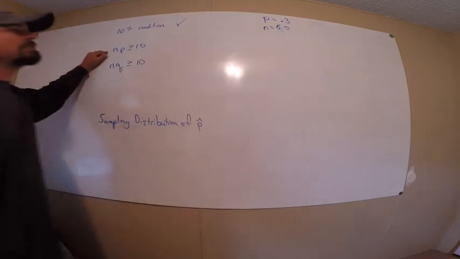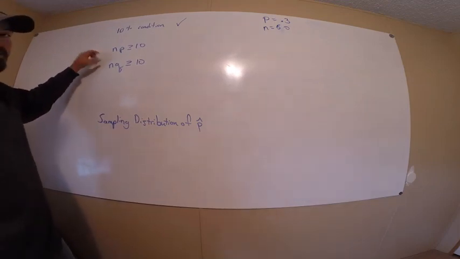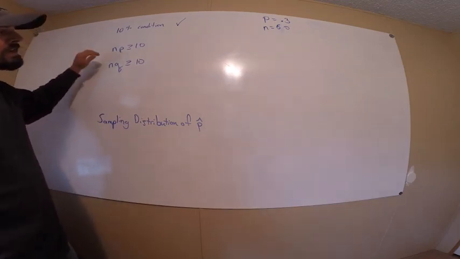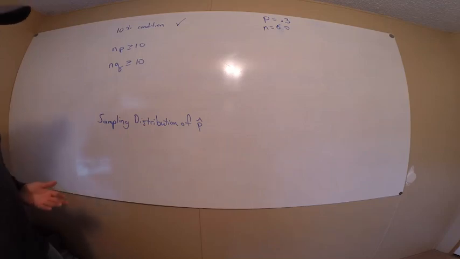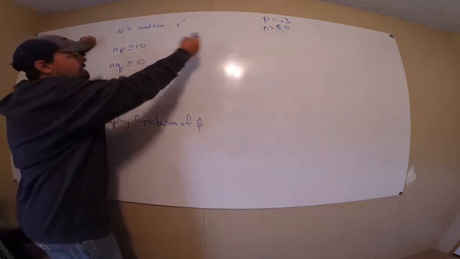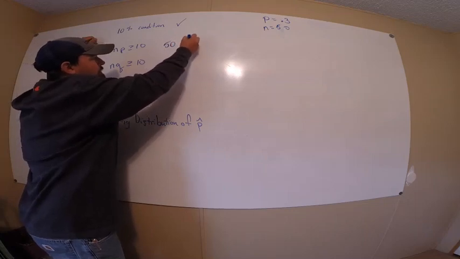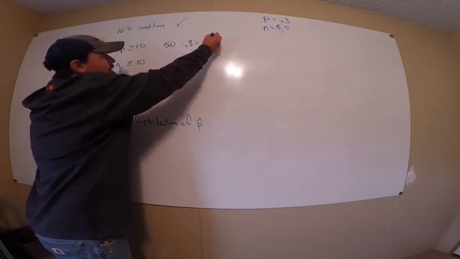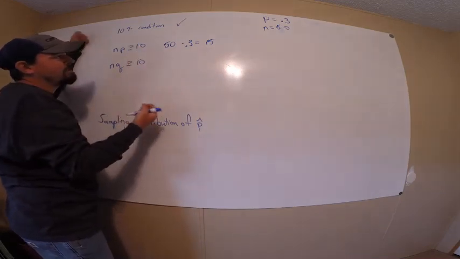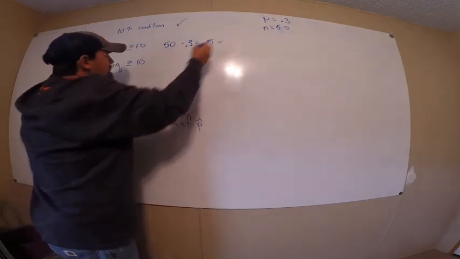NP and NQ greater than or equal to 10 are a lot easier to check because you have hard numbers to look at most of the time. So N here is 50, and our P here is 0.3. 50 times 0.3 is 15. Is 15 greater than or equal to 10? Yes, it is.